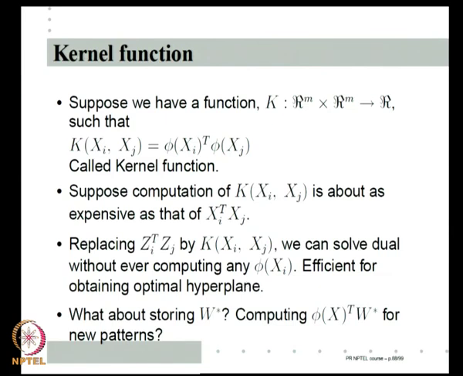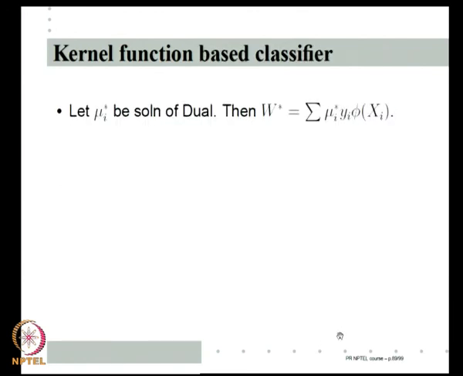Ultimately, I obtain my mu's so that I can calculate W star, and I calculate W star because next time you give me an x, I have to calculate phi(x) transpose W star to classify it. So, W star stays in my million dimensional space. I have to store W star and calculate phi(x) every time you give me a new x. What do I do about this?